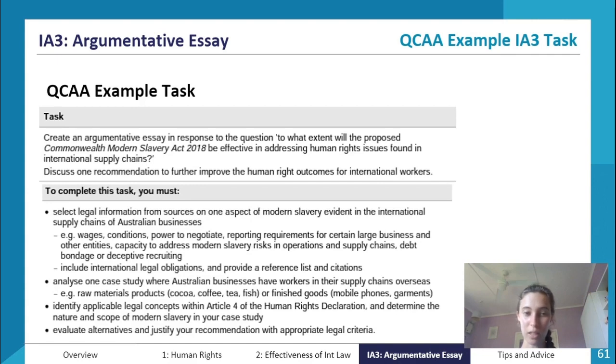So the legal criteria part is important, as well. It can't be non-legal. So a recommendation you could give could be a good idea, but it might not actually be legal. So that's something to keep in mind as well.